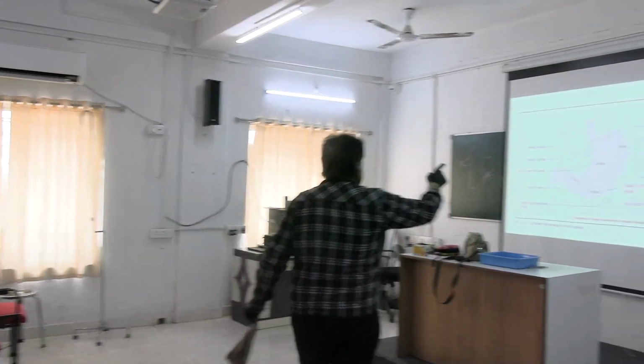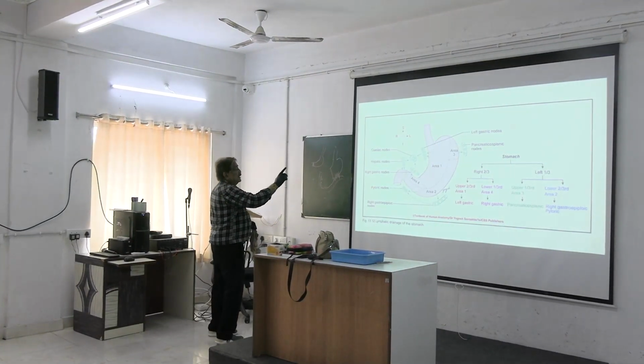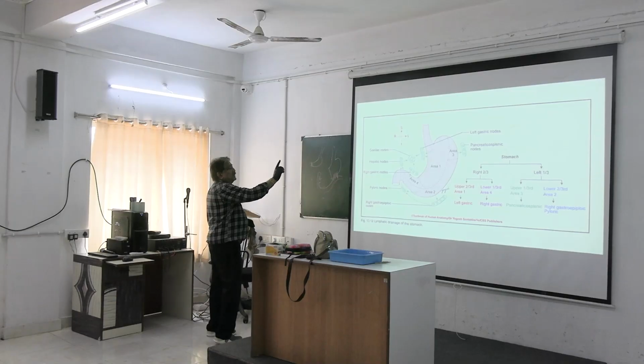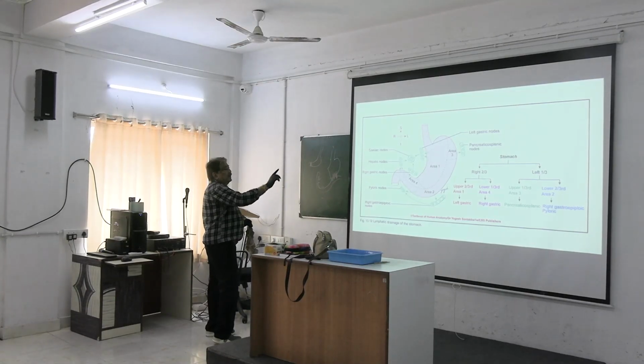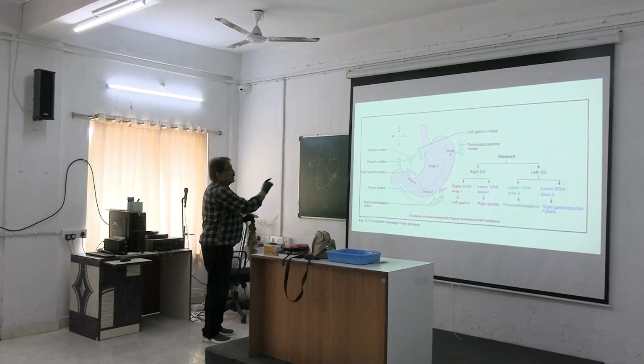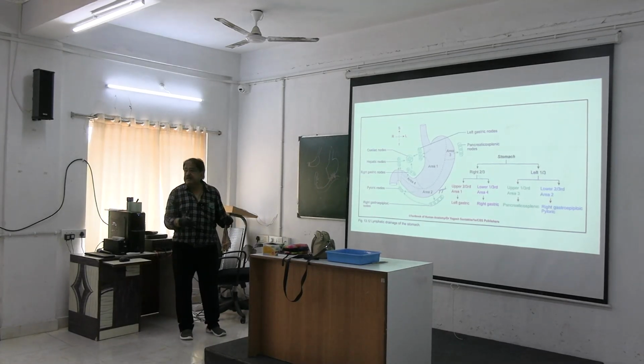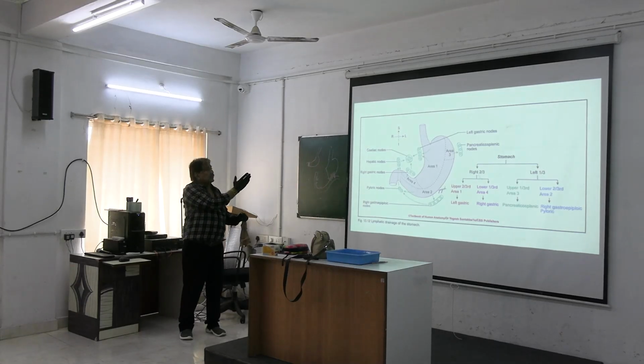So, lymphatic drainage, this is very important. The celiac nodes, hepatic nodes, right gastric node, left gastric node, pancreatosplenic node, right gastropyloric node. If you go and draw this diagram, then it is easy to say.